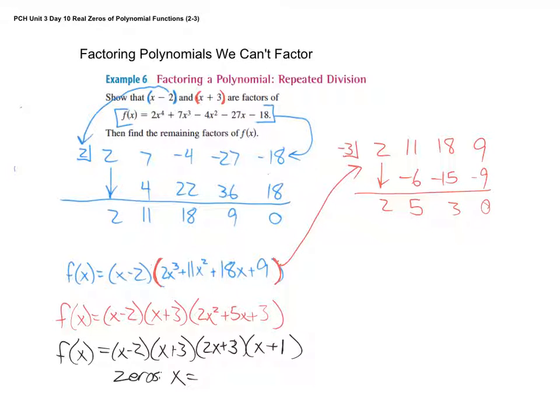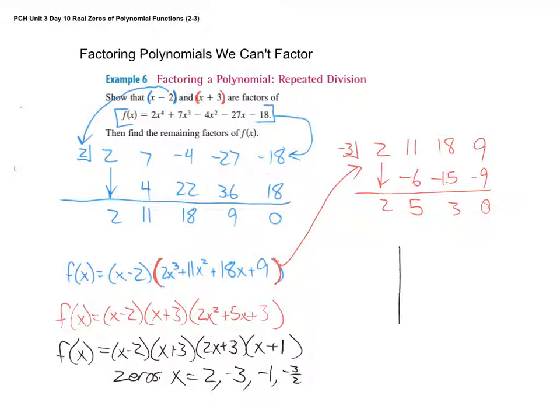Someone give me one. 2. Negative 3. Negative 1. And then the other one? Negative 3 over 2. The opposite of the constant over the coefficient. So negative 3 over 2.